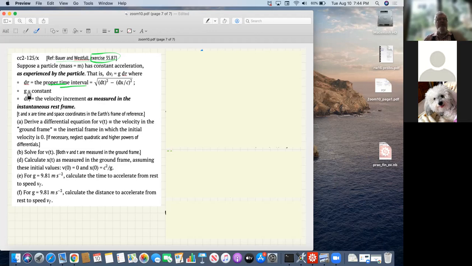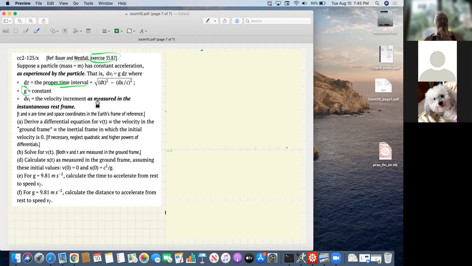So we're saying there's a constant acceleration. We'll call it g, but I don't mean to suggest that it's the acceleration due to gravity on Earth. That's just the letter that I'm going to use for the constant acceleration. dv sub I will be the velocity increment as measured in the instantaneous rest frame.